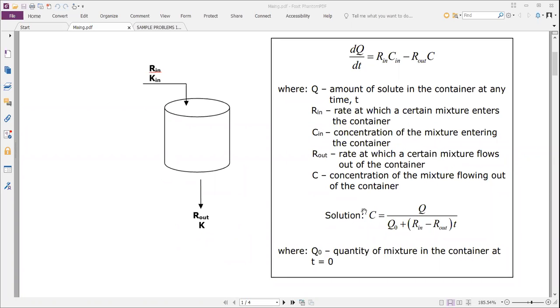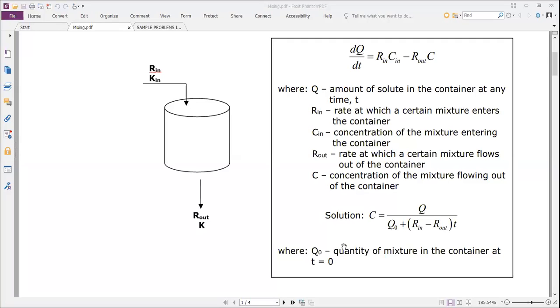Now, this solution that is referred to here is not the solution of this DE. Because if you notice, the way the DE is written, your unknown variable is Q and the independent variable is time, with the C's here representing concentration. The solution that is referred to in the box is the solution concentration at any particular time.